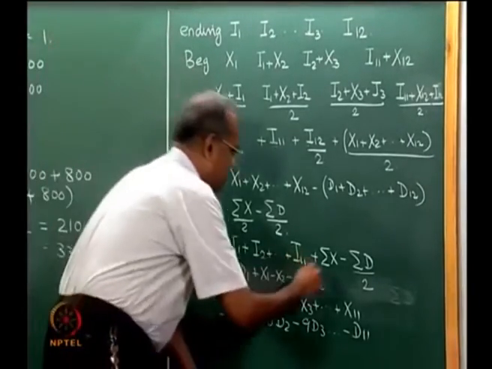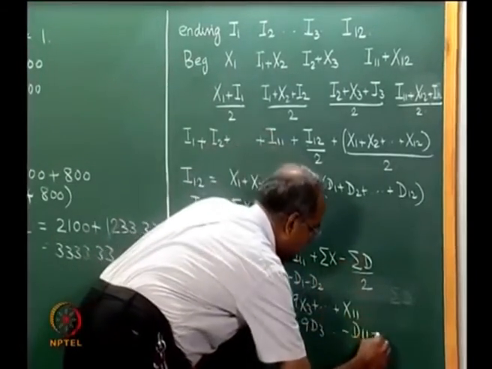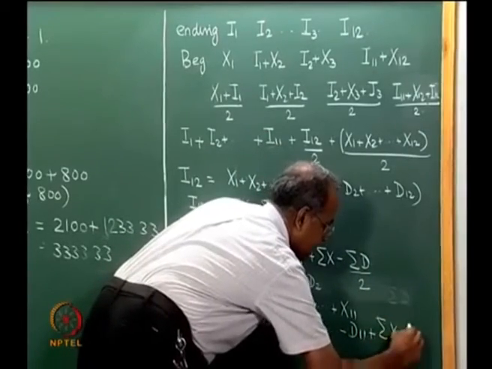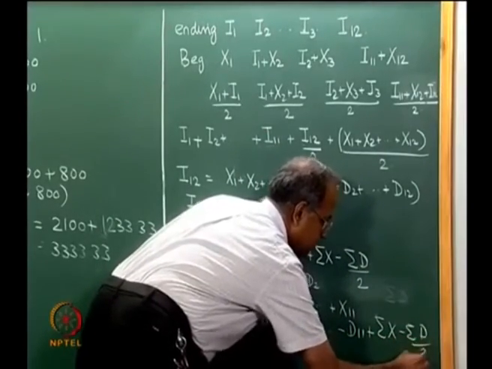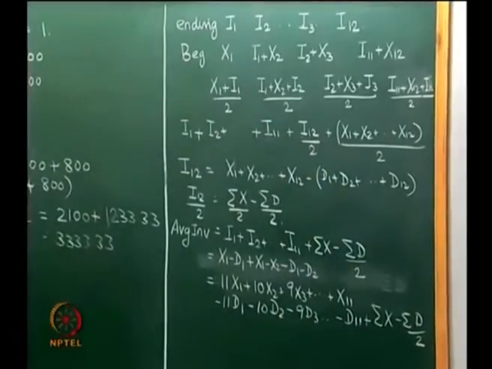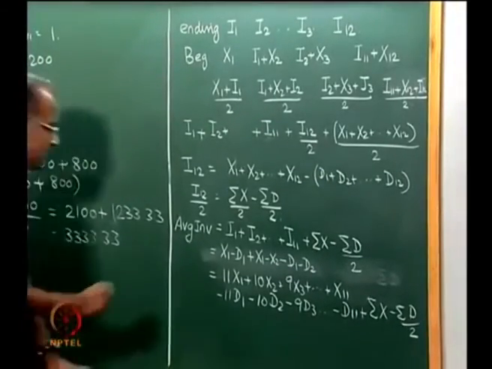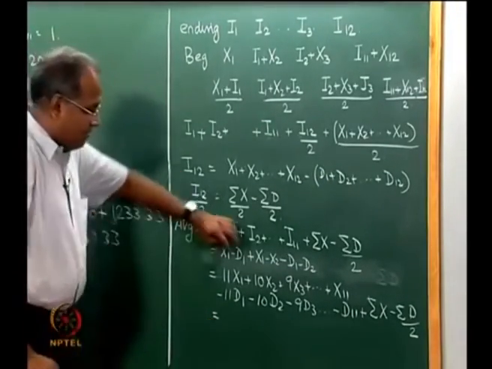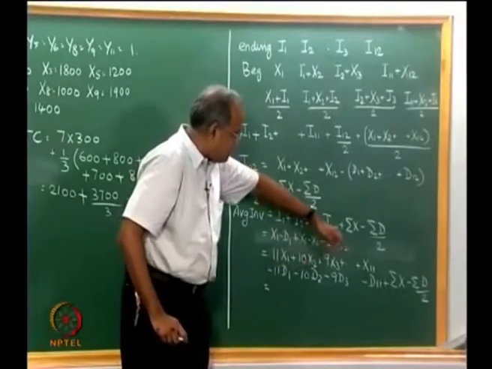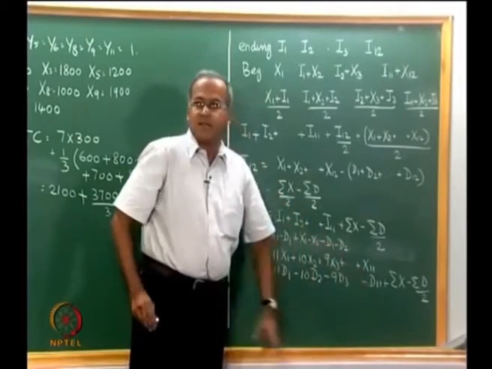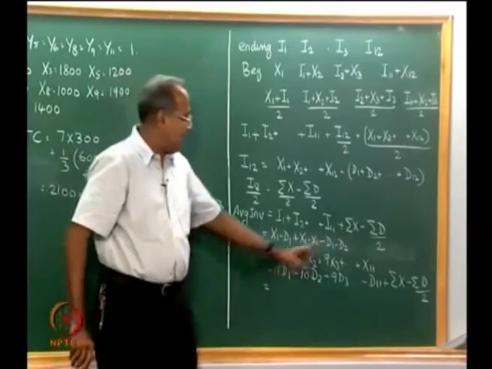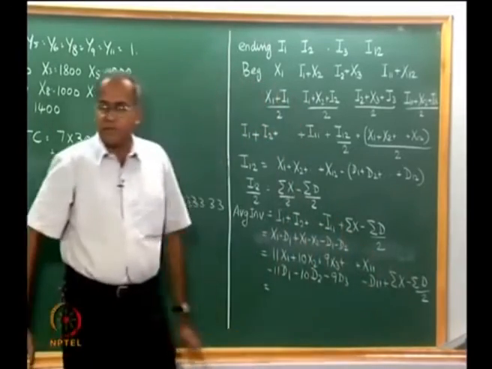Once again this term will repeat, so plus sigma x minus sigma d divided by 2. Now, as far as we are concerned, minus 11d1 minus 10d2 minus 9d3 up to minus d11 is a constant. This is also a constant.